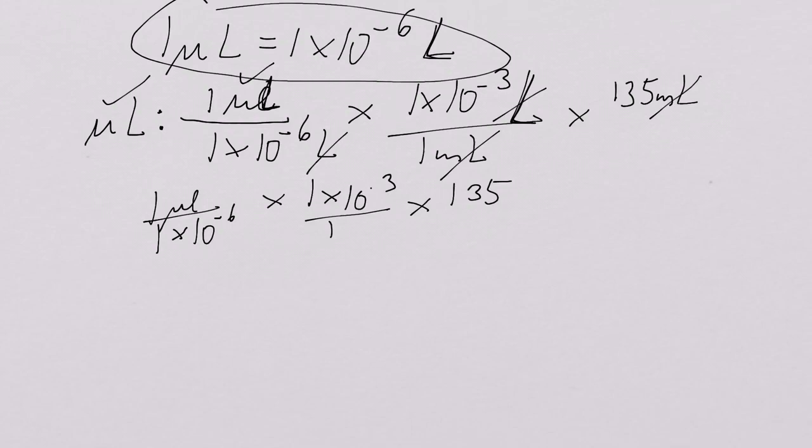So how do we deal with that? Well, we have something with a negative exponent down under. And we know that we can write 10 to the minus x as the same as 10 to the x.